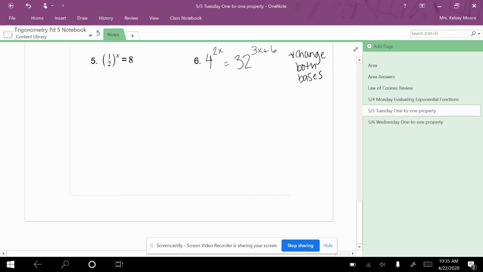So if we take a look at this first example with number 5, you have 1/2 to the x equals 8. So basically what you're trying to figure out is how are 2 and 8 related to each other with exponents. And if you think about it, 2 to the third is 8. So we're going to use the base of 2 to rewrite this.